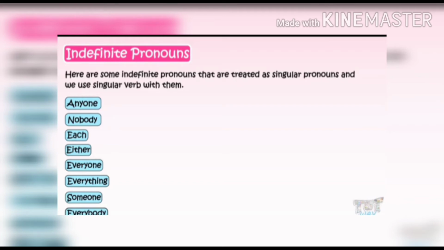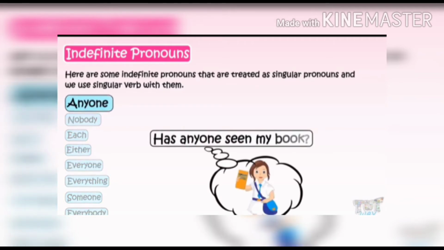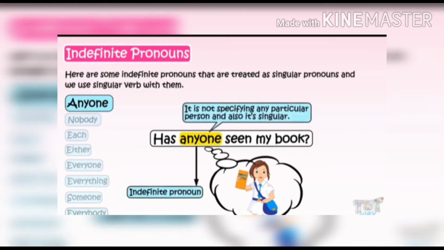Now let's see the usage of some of the singular indefinite pronouns. Example, has anyone seen my book? In this sentence, anyone is an indefinite pronoun, that is not specifying any particular person, and also it's singular, so it always takes a singular verb.